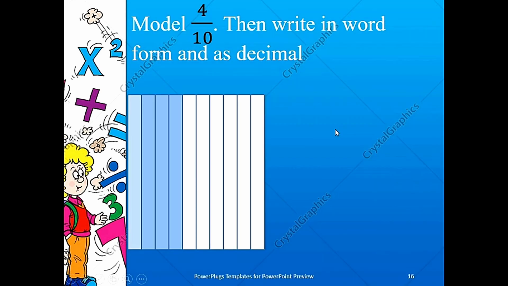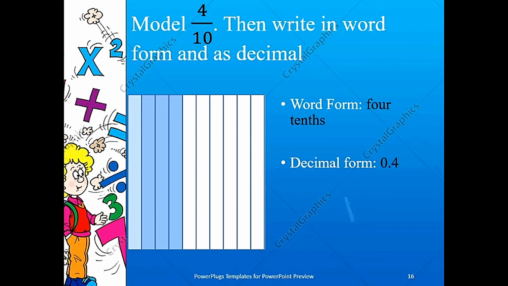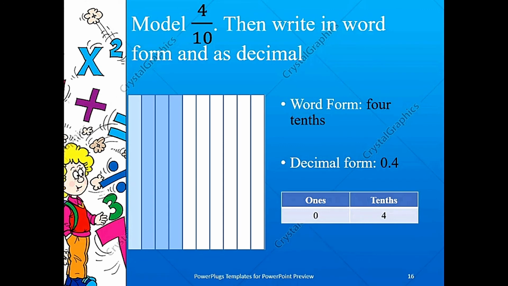After shading 4 columns, we will write in word form. It will be spelled out like this, 4 tenths. In decimal form, it is 0.4. Again, to check if it is correct, just divide 4 by 10 and the answer is 0.4. In our decimal place value chart, ones 0, decimal point, and tenths 4.